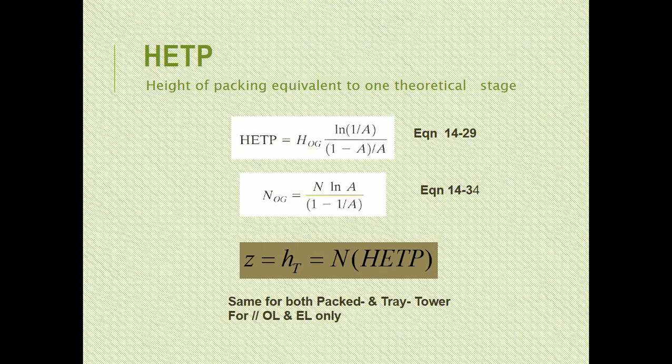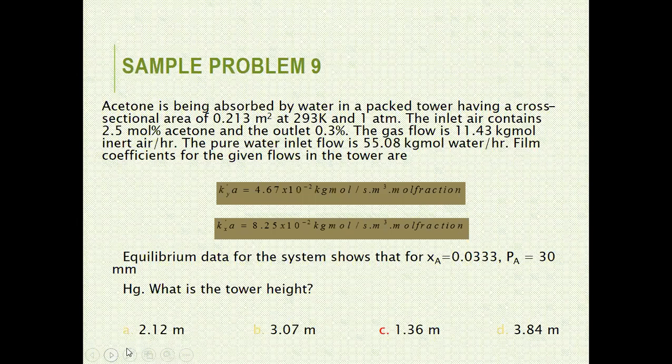So if you're given a multiple choice question asking for the column height and you're using, for example, this formula, not knowing or it's not even stipulated in the problem that your operating line and your equilibrium line are parallel, the deviation is very small. It's really very small. It will be actually shown to you at the latter part of this slide, that particular set of formulas. The sample problem that I'm referring to is this one that solves for the tower height.